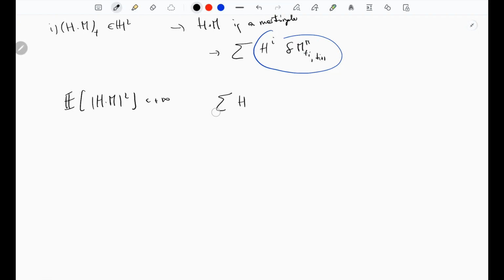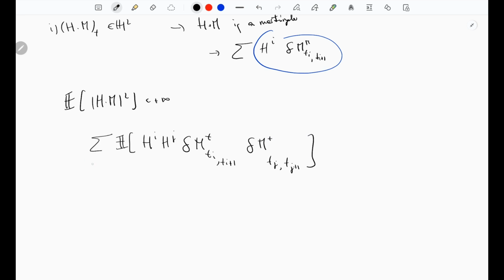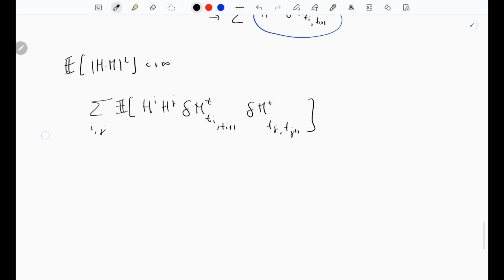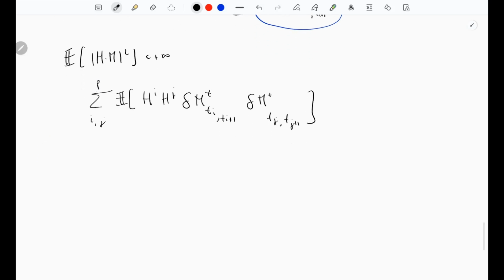And eventually what you're going to be working with is the sum of the expectations of X_ij. Remember the notation we talked about: these are the increments stopped, against the increments for j stopped. And again, this is a sum in i and j, up to the partition.